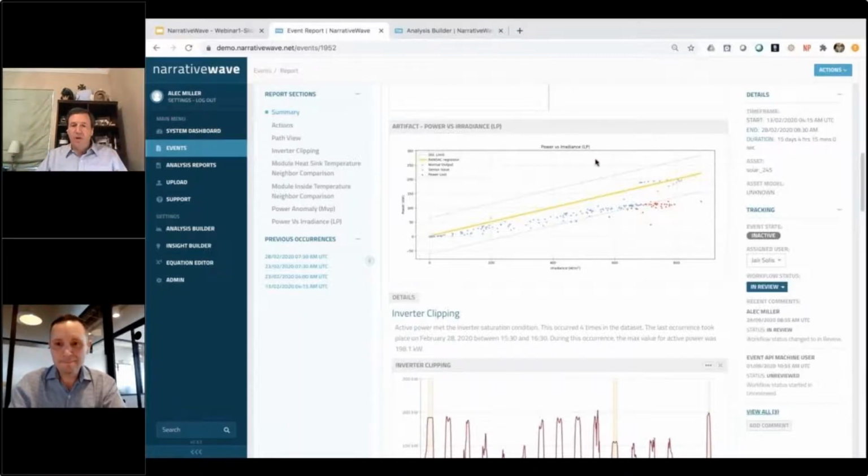For example, this chart here is showing the results of loss production. So this is irradiance versus power. And here you can see we have some of these dots in red. And so we're automatically classifying those as loss production. And this is a technique some of you might very well be doing today. And again, this is a great technique. Visualize the results of analytics, not just the inputs to them, right? And you can see here, this is a visual representation.